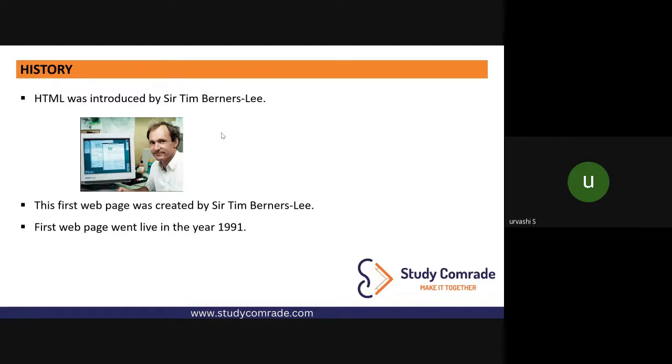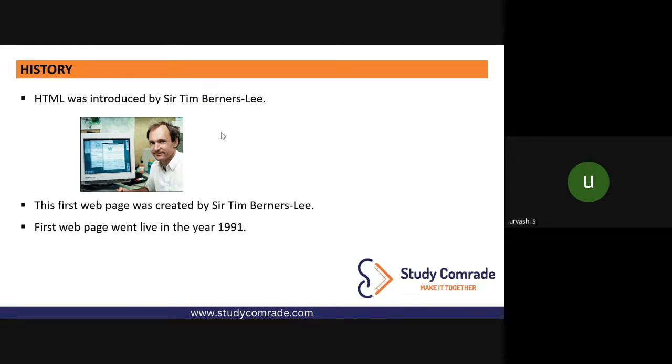So approximately 30 years back, website creation started. The very first technology that got introduced was HTML. That's why we always start with HTML. Before HTML, there was no technology for front-end development.